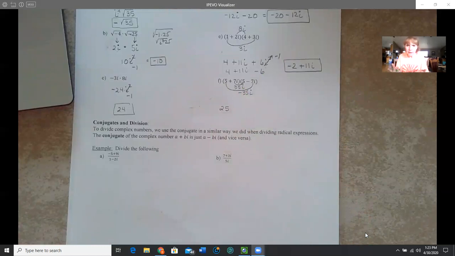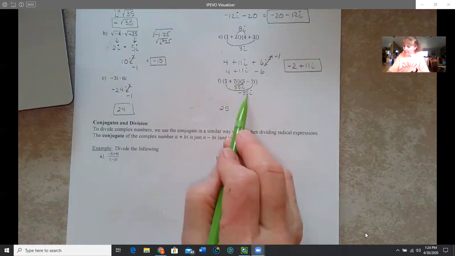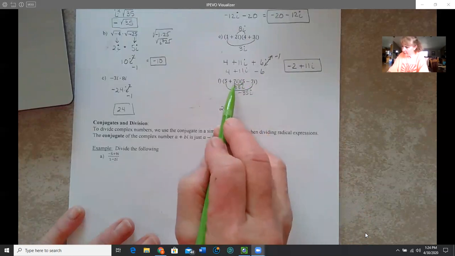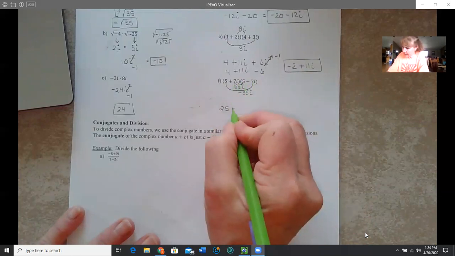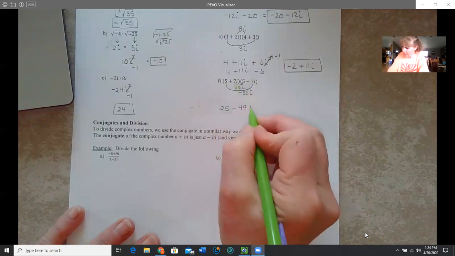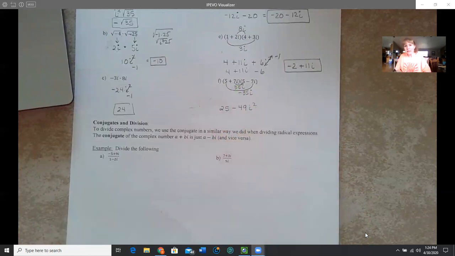The i's are gone. So we don't have that i part anymore, but we're not done with the FOIL. I do know that the O and I, the i's, dropped out here. Let's go ahead and take the last times the last. Positive 7 times a minus 7 is a minus 49i squared. So I took the last times the last. Well, i squared is a negative 1.